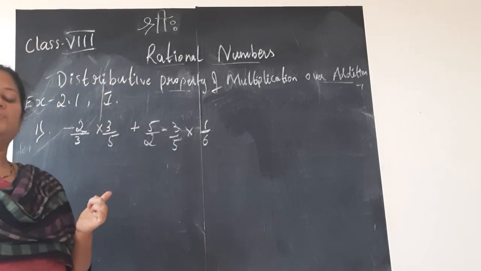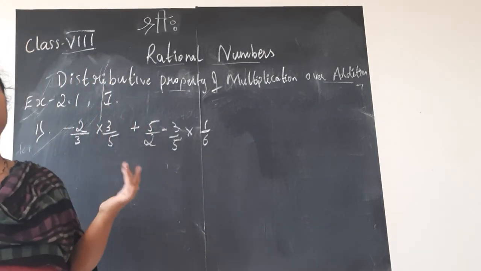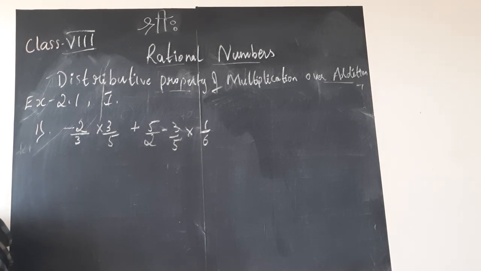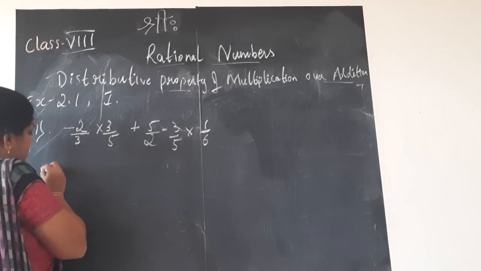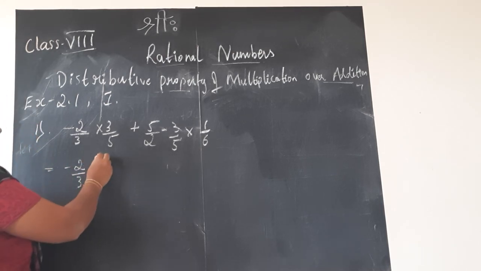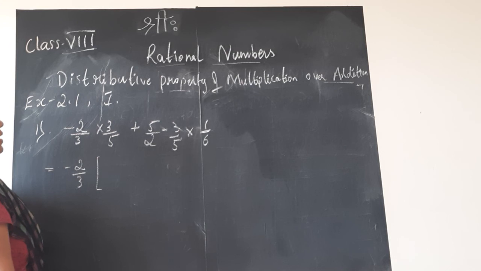It is because the given question will not be in the standard form, you need to rearrange the terms sometimes in order to reduce it to standard form. So according to that, let us rearrange the terms accordingly. This term is equal to minus 2 by 3. First term I will write as it is. Open the bracket.